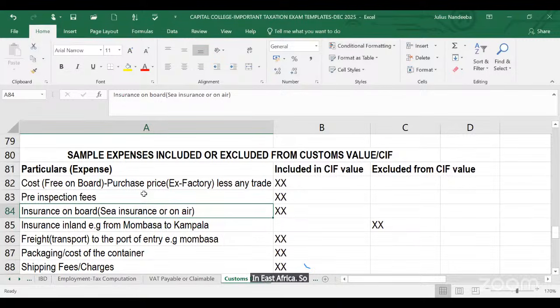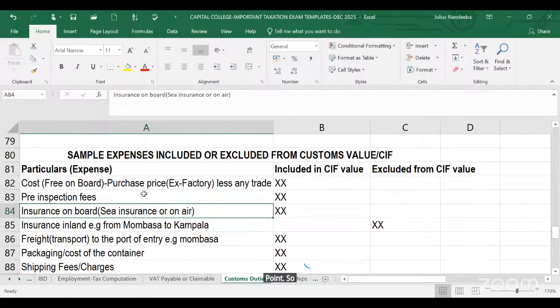So if these goods first enter Jomo Kenyatta International Airport or any other airport in East Africa, that becomes the first entry point. If they are going to board again and come to Entebbe Airport, already the first entry point is hit at Jomo Kenyatta, meaning any other costs from Jomo Kenyatta to Entebbe Airport are not part of the customs value because the goods have already hit their first entry point.